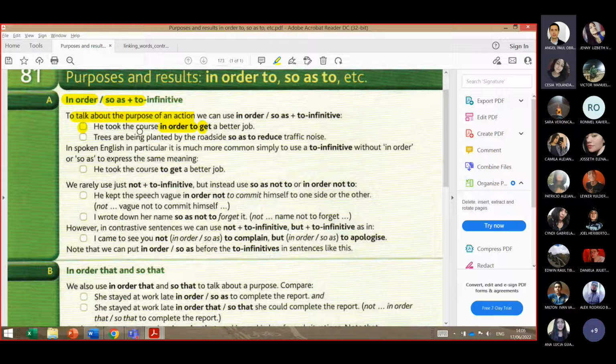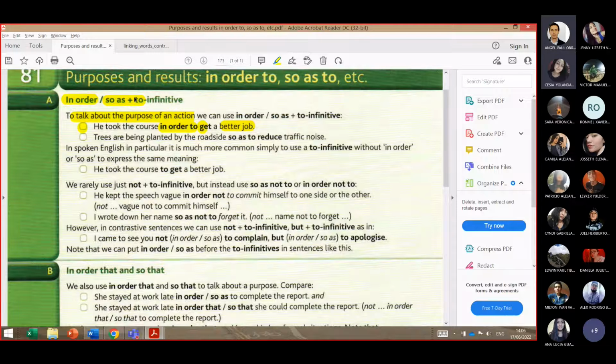Entonces aquí, miren, si traduzco esto al español sería, él tomó el curso, in order to vendría a ser como el propósito, ¿no es cierto? In order to es como para obtener un mejor trabajo, ¿sí? So he took the course in order to get a better job.